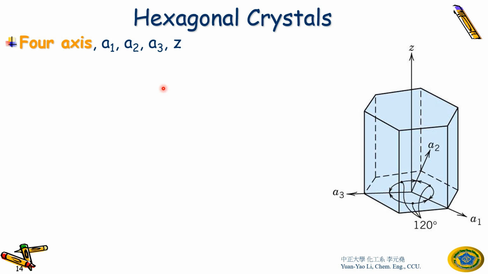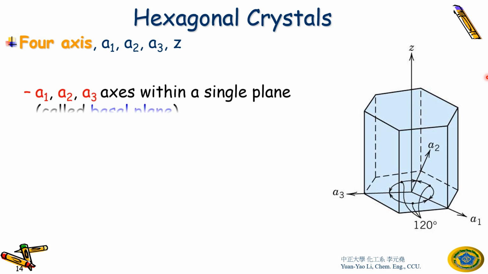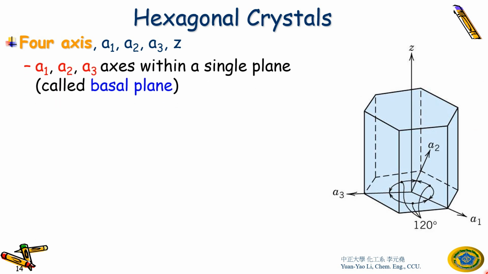So when you talk about this hexagonal crystal structure, they have 4 axes, like A1, A2, A3, and Z axis. Remember A1, A2, and A3. Right. So again, A1, A2, A3 we call basal plane.